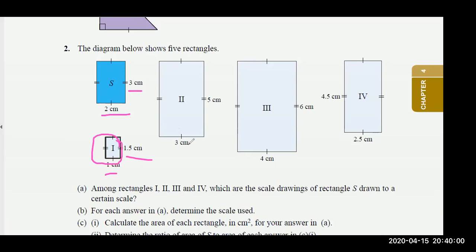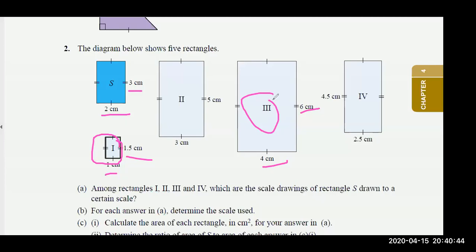So this one, 3 cm and 5 cm. So this one is wrong. 4 and 6, right? Multiply 2, become 4, become 6, so correct. So question 4, can or not? 2.5 and 4.5. 2.5 divided by 2 is 1.25. 4.5 divided by 3 is 1.5.